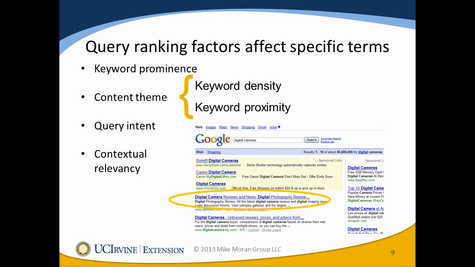The density of a keyword means what percentage of the words on the page are actually that keyword. So if you had 100 words on the page and 7 of them were your keyword, that would be a 7% density. And proximity is another one that comes into play for multi-word keywords.